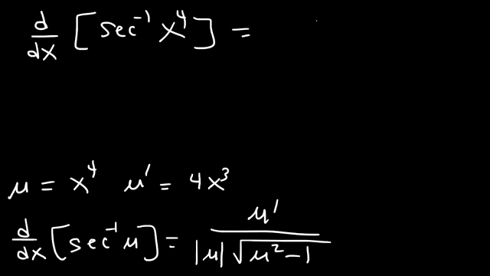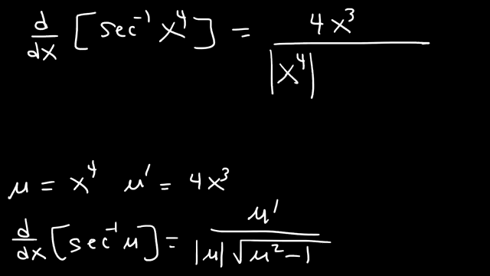So this is going to be u prime, which is 4x cubed, divided by the absolute value of u, which is x to the fourth. Now, because this term will always be positive, we really don't need the absolute value around it. And then it's going to be the square root of u squared. So x to the 4 squared is really x to the 8, and then minus 1.